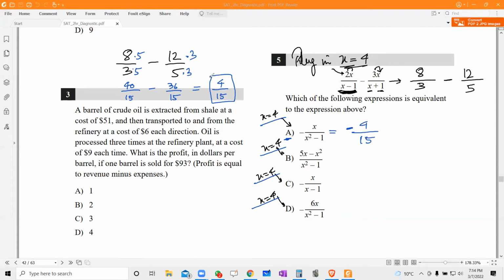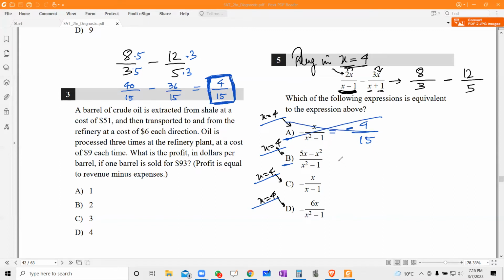Do we want minus 4 over 15 or 4 over 15? It's 4 over 15. So option A is not the right answer.